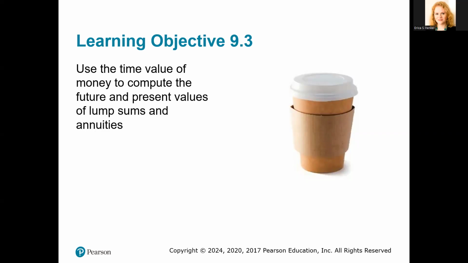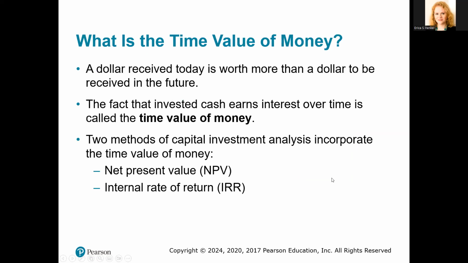All right, so we talked about in chapter 14, the time value of money, and we talked about bonds. We talked about how figuring out the value of something today is its present value, and then figuring out what something is worth in the future or at a later date is a future value. And then we talked about how you can calculate those present and future values for either one lump sum of money, or for a stream of equal payments.